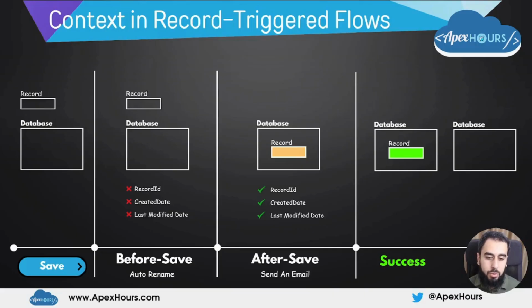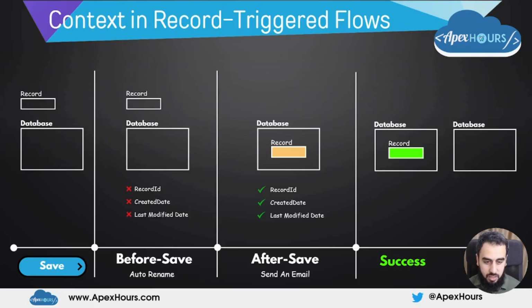It's good to know the difference between these two so that you can put any updates that you know can run in a before save flow in a before save flow, and any updates that you know require an after save flow in an after save flow. This helps the org become more performant.